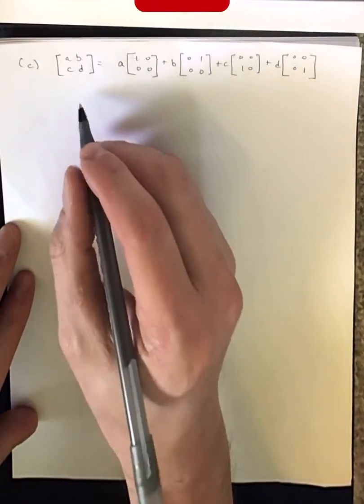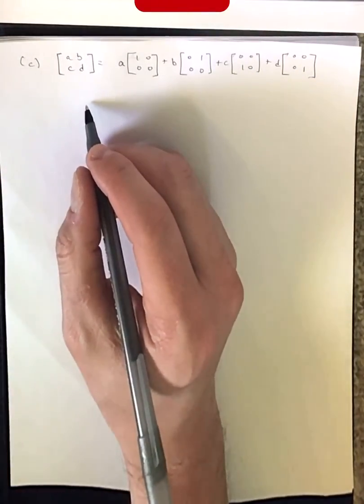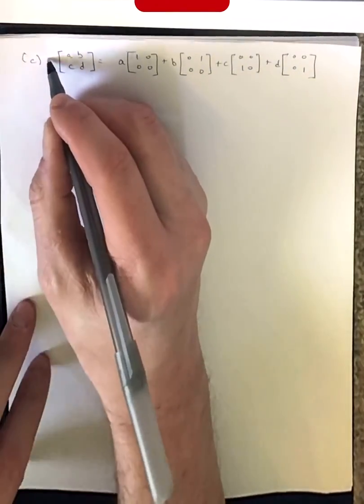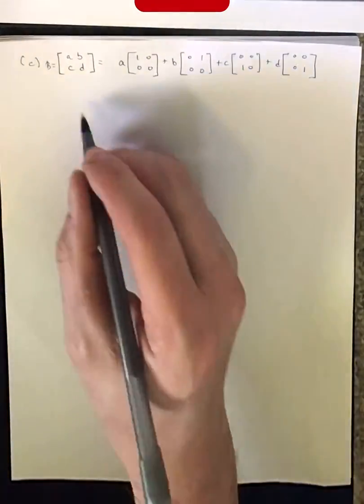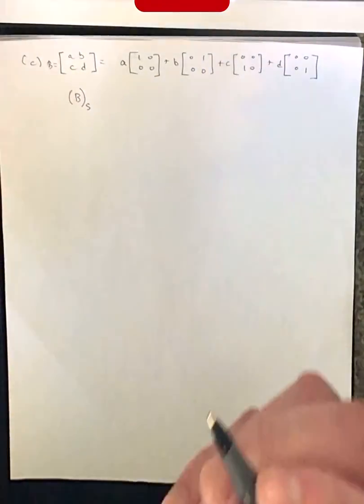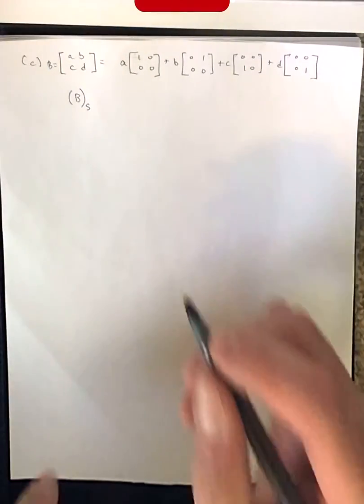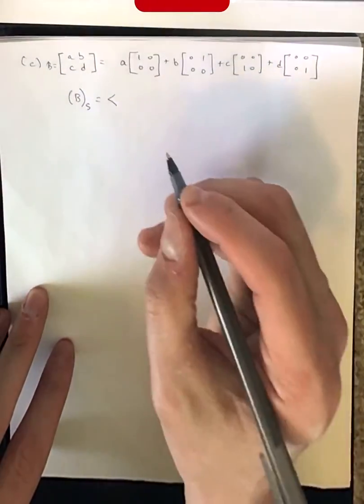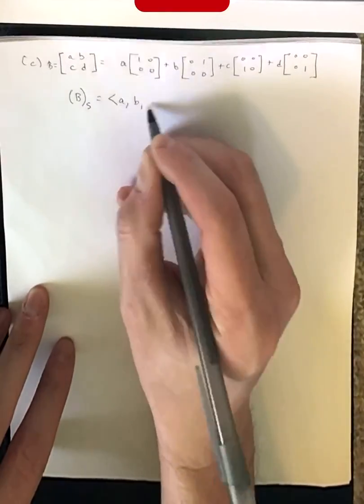And so therefore, if we call this B, I think that's what I called it in the problem, then B relative to, again, let's just say the standard basis S, I'll write it this way. That is A, B, C, D.